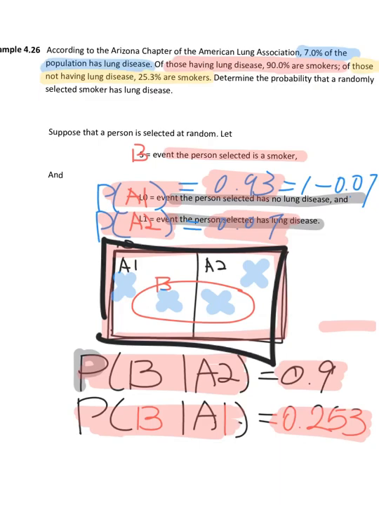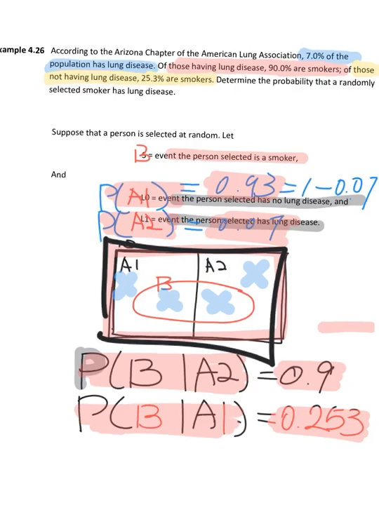Now, okay, I want to take another conditional probability. Let me see what I need.